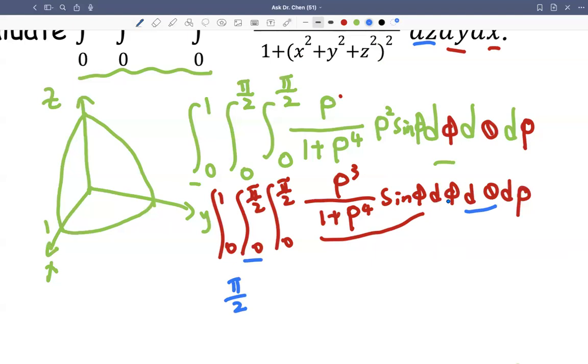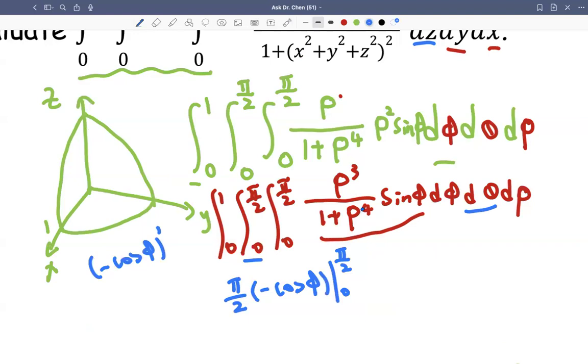And in the phi direction, well, the derivative of negative cosine phi is positive sine phi. The negative sign becomes positive sine phi. So in the phi direction, we get negative cosine phi, and we want to evaluate from 0 to pi over 2.